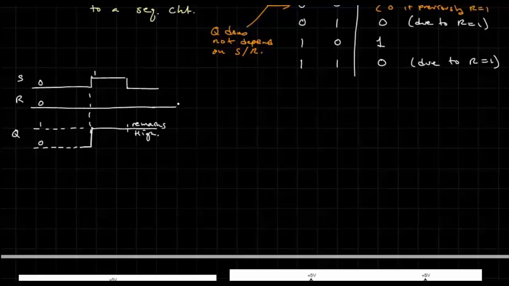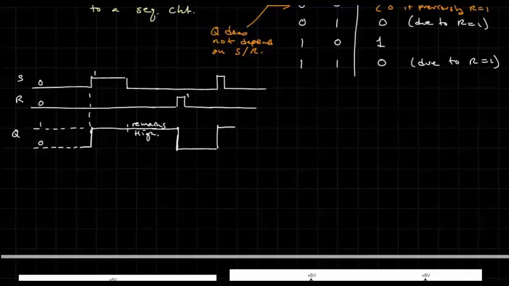Now let's say at some later date R pulses high. Okay? So at this point Q is going to be reset, and it's going to stay reset. If S pulses a little bit later, then it goes high again.